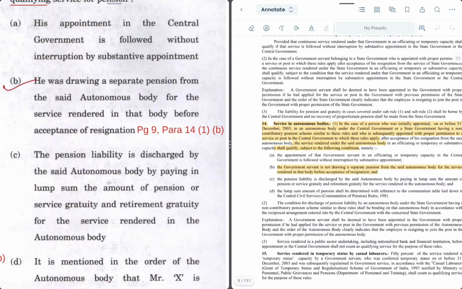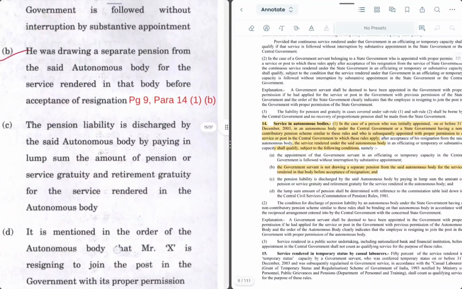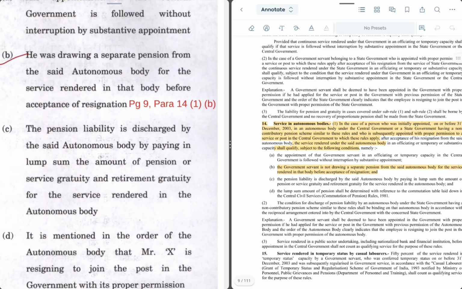So डायरेक्टली एक ही ऑप्शन चूज़ करना है इसके अंदर हमको, तो हम सीधे मेन सही ऑप्शन पे चले जाते हैं. पैरा 14(1) का बी है, government servant is not drawing a separate pension from the said autonomous body for the service rendered in that body before accepting office resignation. तो बेसिक सा लॉजिक है कि अगर आप दो जगह काम कर रहे हैं तो आपको दोनों की अलग अलग पेंशन मिल रही है. सेकंड बॉडी से आप दो पेंशन नहीं ले सकते. आपको ऑटोनमस बॉडी की पेंशन भी मिल रही है और आप अपनी सर्विस भी काउंट करवा रहे हैं वहाँ पे रिटर्न री एम्प्लॉयमेंट के बाद, तो दैट वोंट बी अलाउड.